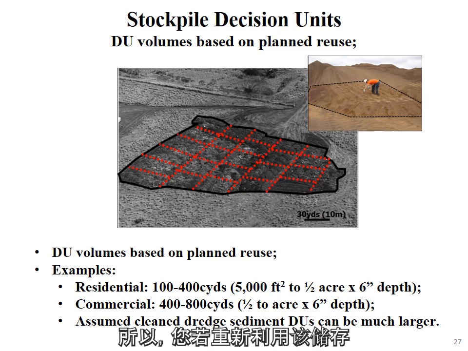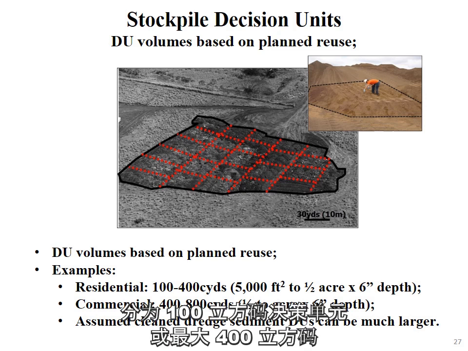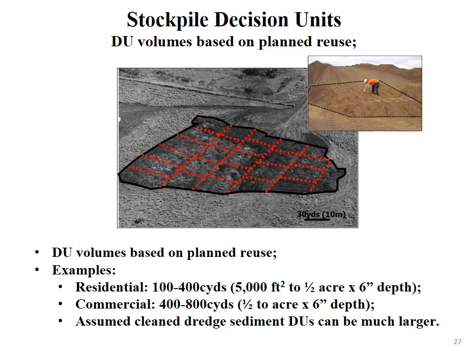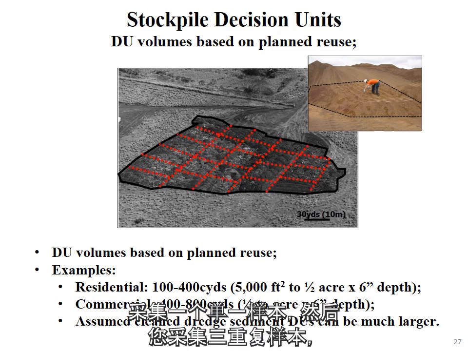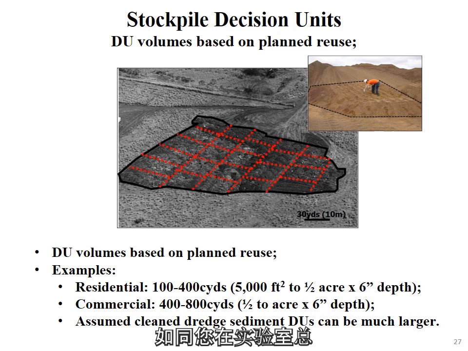So if you were going to reuse this stockpile for residential redevelopment, then you divide the stockpile up into 100 cubic yard DUs, or up to 400 cubic yards, depending on what you can use it for. Each one of the DUs, you're going to collect a single multi-increment sample. In 10% of the DUs, then you're going to collect triplicates. Again, the same as you would do in testing batches of samples at a laboratory.